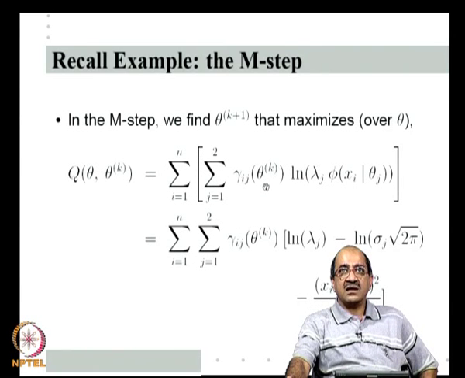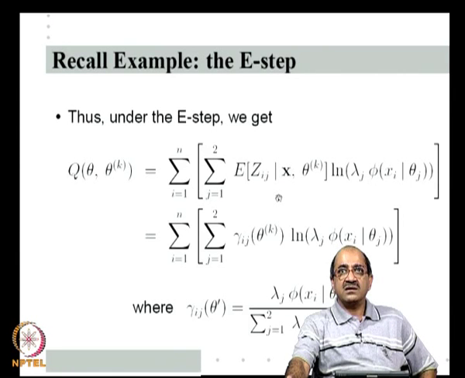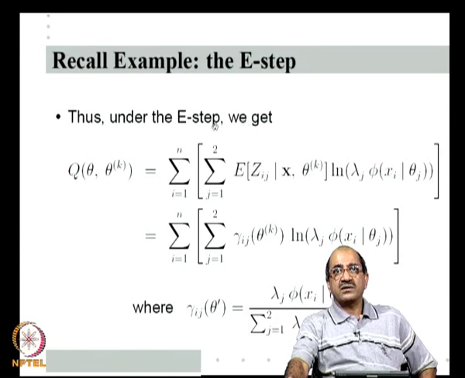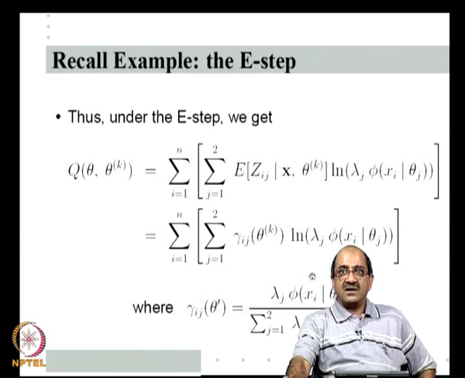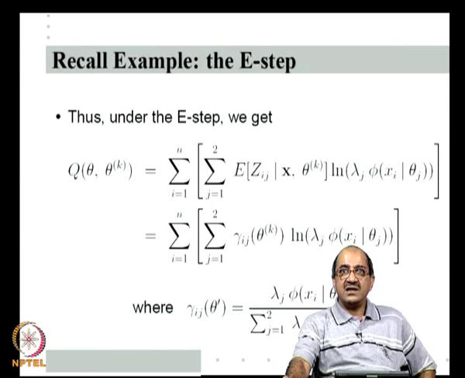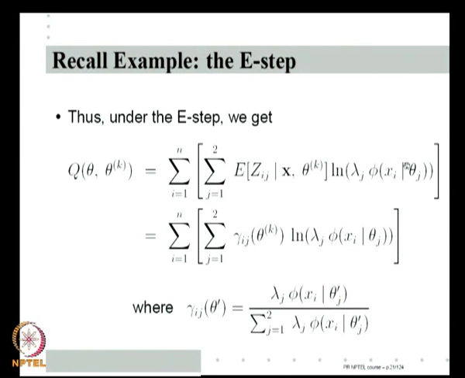Otherwise, up till this point, we have not used any fact that these are Gaussians, right. For any two component mixture of phi(x_i given theta_1), phi(x_i given theta_2), this is still true, right. So, if phi is any other density, it is still easy enough to calculate the ML estimates, right.